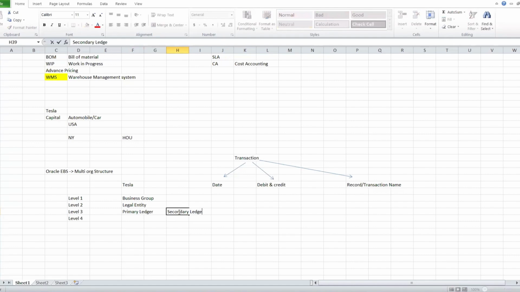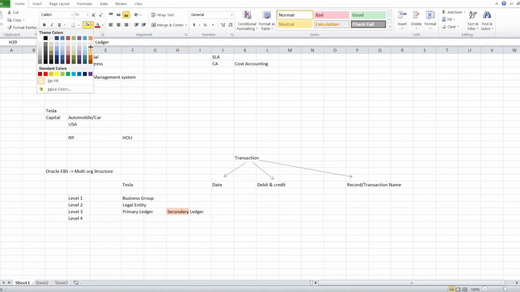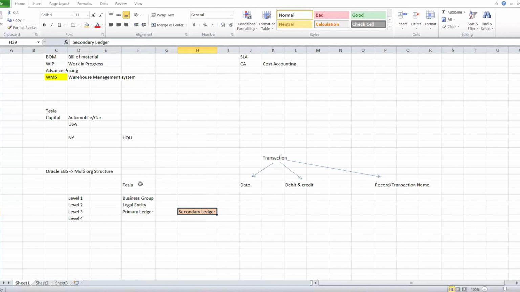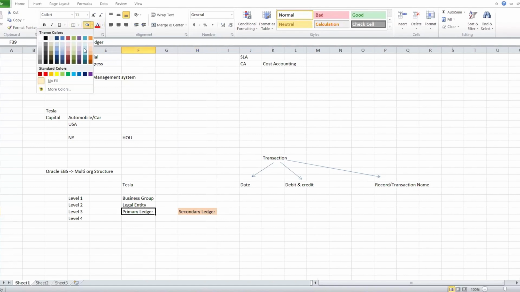It is not mandatory, but optional. Clear? A secondary ledger may or may not be present, but one primary ledger must be set up. So the primary is the mandatory one.